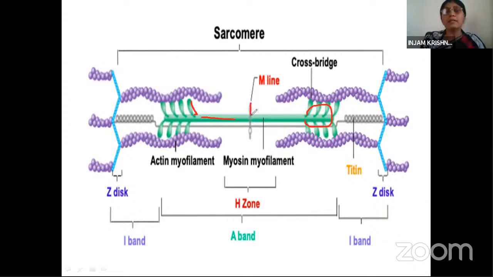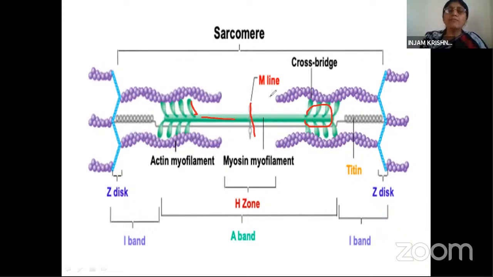This is the M line. Yes. This is a specific arrangement. Why does it need such kind of arrangement? The heads have the binding site of actin. That's why they have to bind the actin. So the actin filament is here.